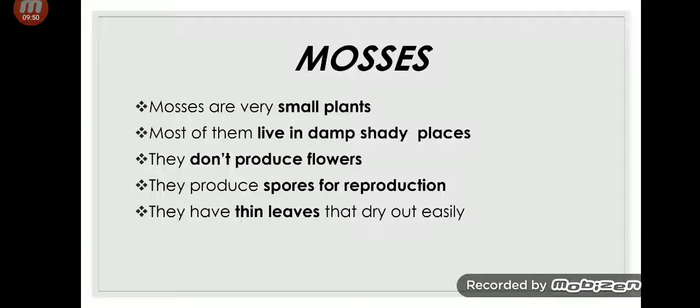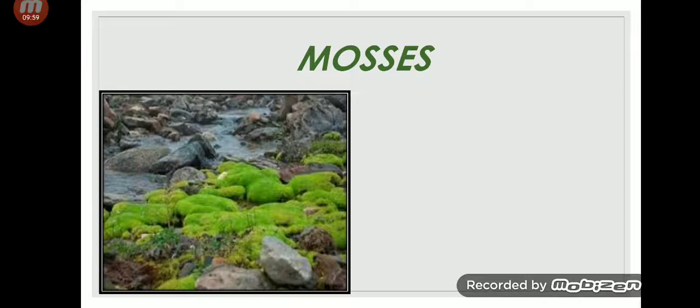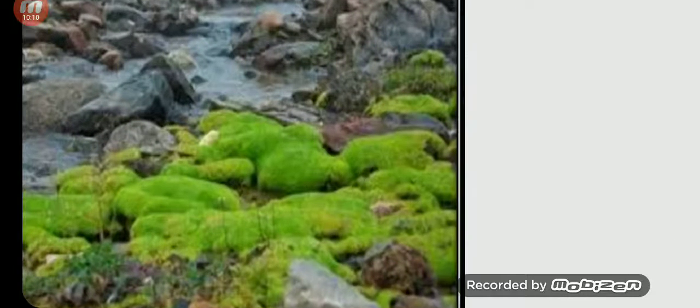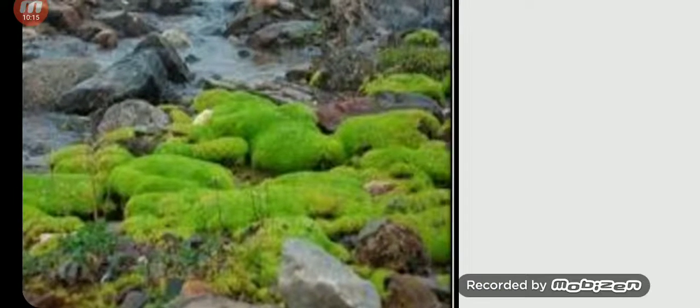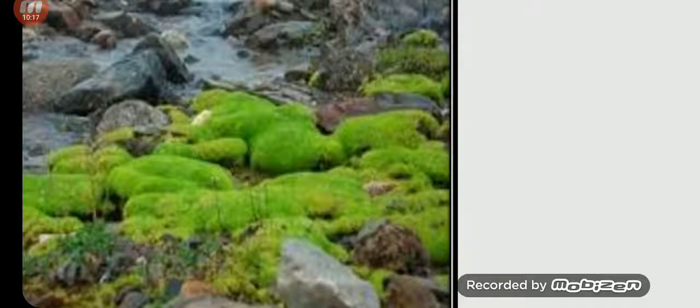You may have seen a moss 1,000 times, but you never noticed it. See in this picture, if you have ever gone to a lake or river, you may have seen that the water is flowing and there are some stones which have a green thing on them.